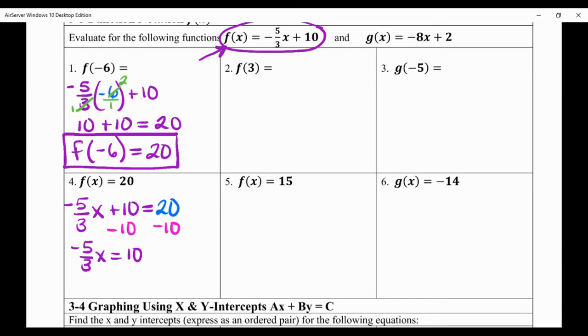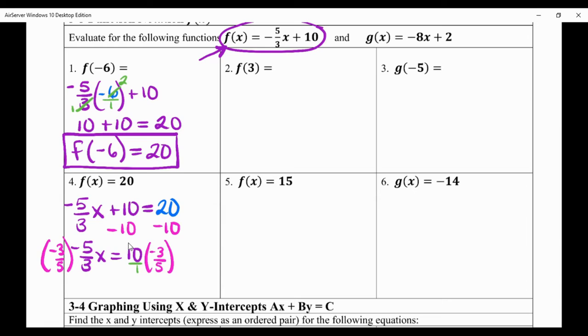From here, you can split this up into 2 steps, multiply both sides by the denominator, and then divide by -5, or you can just multiply both sides by the reciprocal. Now we want to multiply 10 times -3/5.